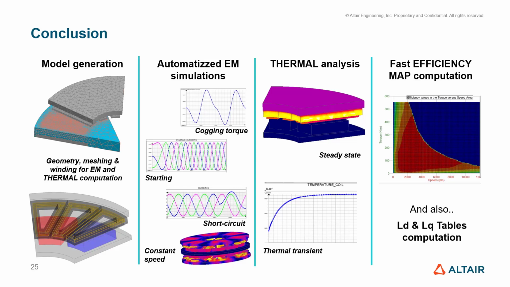Sure, the solving time depends on the configuration that you choose, and so on the number of nodes that you have in the model. But to give you an idea of the computation time of the presented model, it took 10 minutes for the construction, 1 hour and 25 minutes for the Cogging and BACK-EMF computation, and 35 minutes to obtain the torque at constant speed, and another 10 minutes to carry out a thermal analysis in steady-state condition, considering the building of the thermal model too.